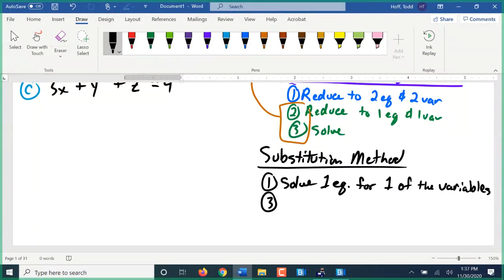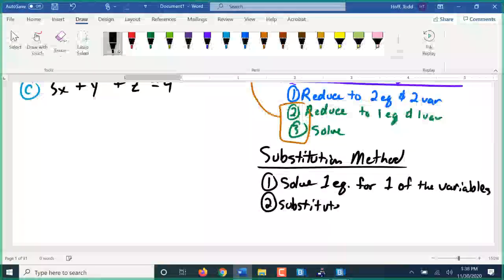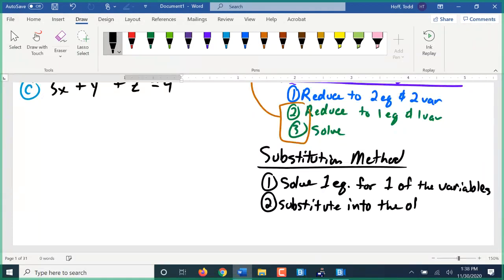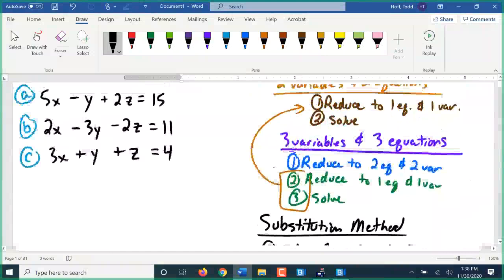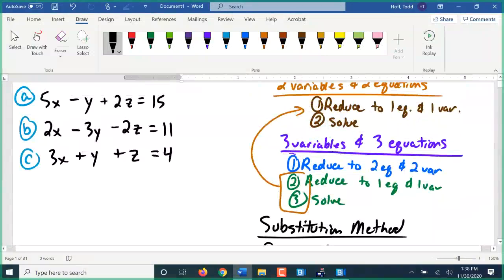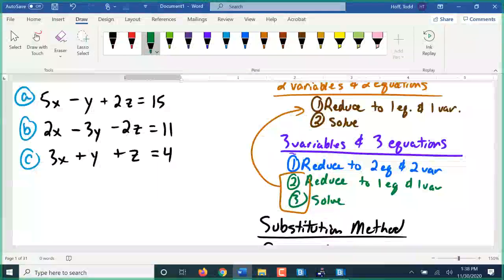And then, that should be step 2, not 3, we substitute into the other equations. And that should give us a system of 2 variables and 2 equations. So up here, I am going to pick equation C, and I'm going to solve for either y or z. It really doesn't matter which one. I'm going to solve for y.